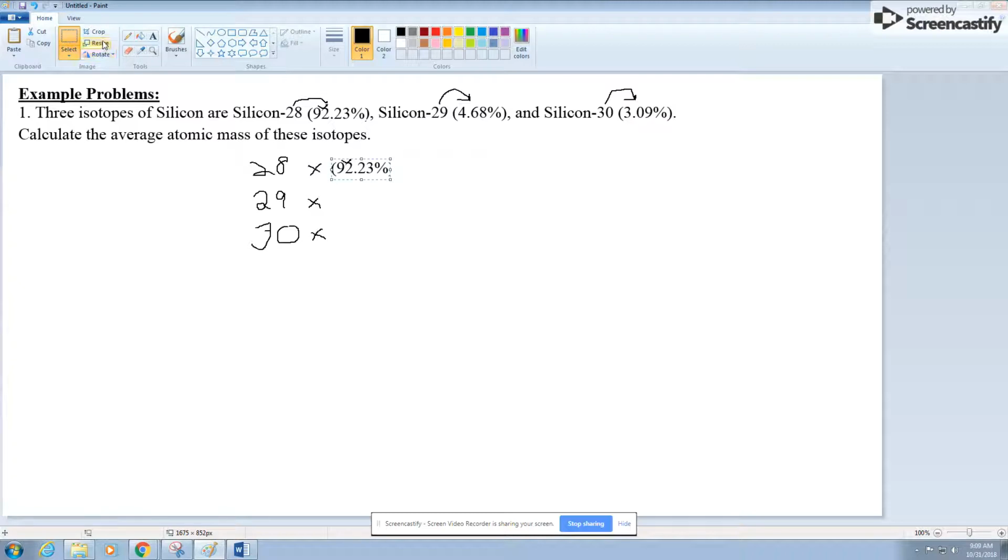So times 92%, times 4.68%. All right, so then we need equal signs, I suppose. All right, so we're going to do 28 times this number, 29 times that, 30 times this, and then we're going to add up all those numbers.